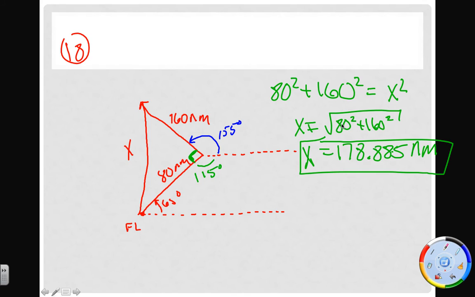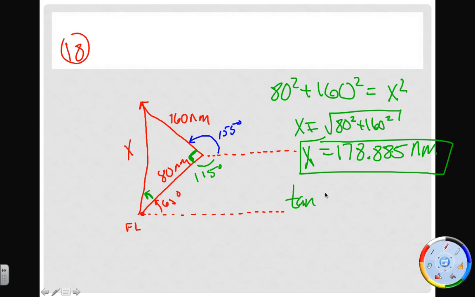And I want to figure out bearing. So I need to figure out this angle here that I could add to 65 to figure out my bearing. Now I know I measured my bearing from the wrong direction because I wasn't thinking, but everything should still come out the same here. So that's 65. I need to figure out this little green arrow here. So I'm going to use the given values that I have, 80 and 160, so I'm going to use tangent.